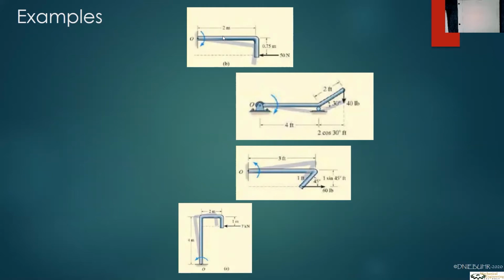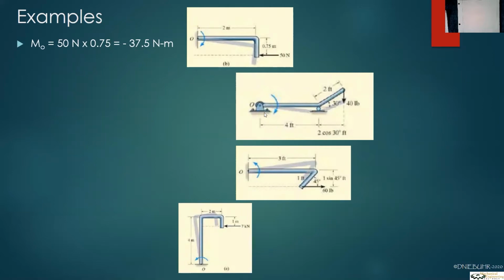But it doesn't, because whether this is 2 meters or 200 meters, the perpendicular distance of this 50 newtons is still only 0.75, because you can consider that 50 newtons goes all the way back to here. So the answer is 50 newtons times 0.75, and because that torque is clockwise, it's going to be negative. There's my answer, negative 37.5.